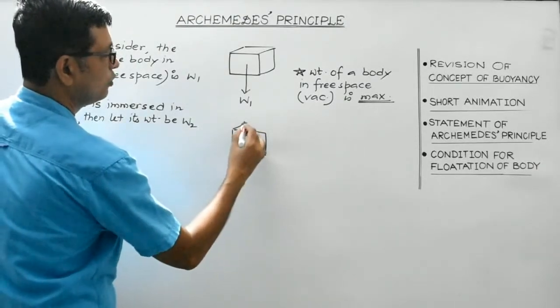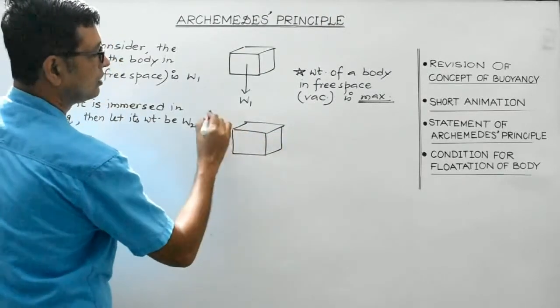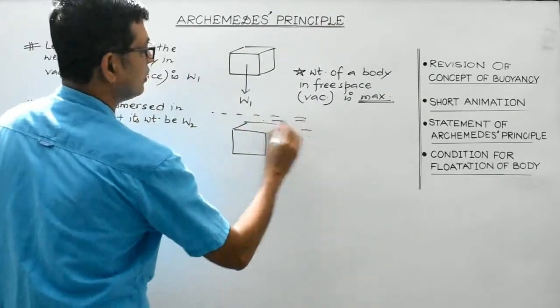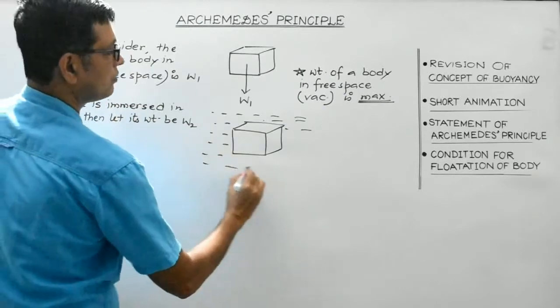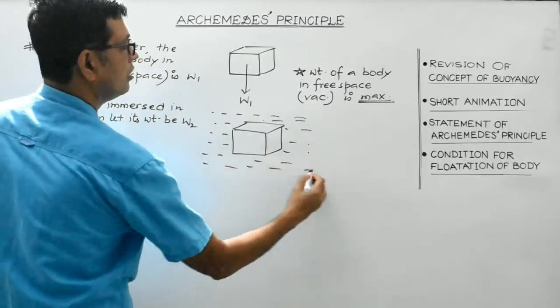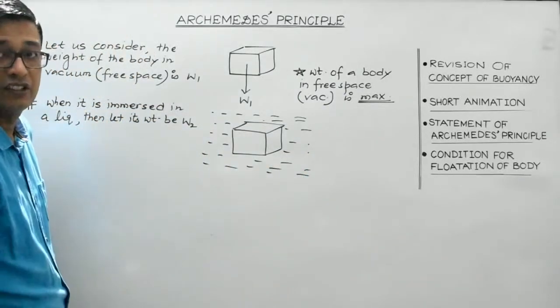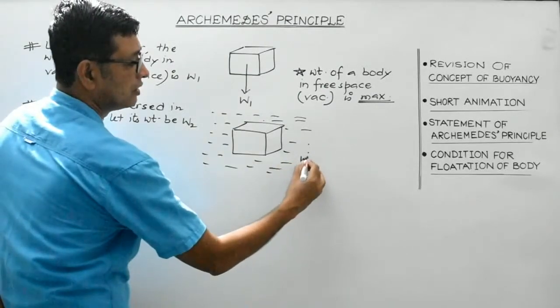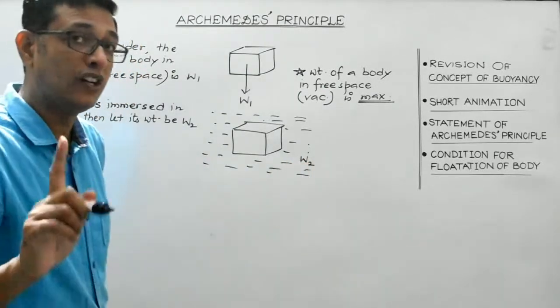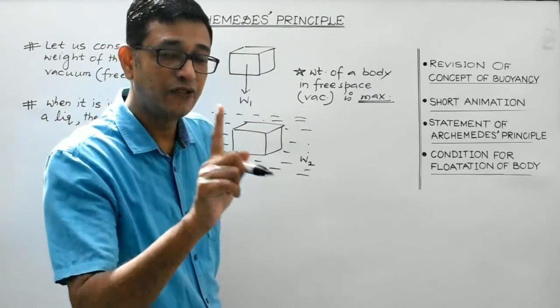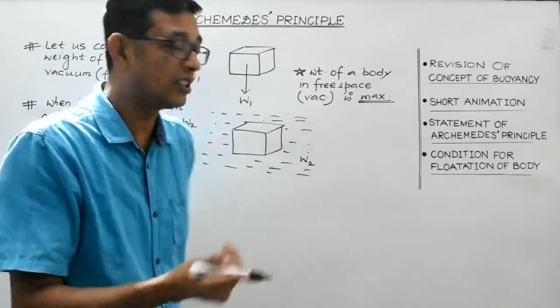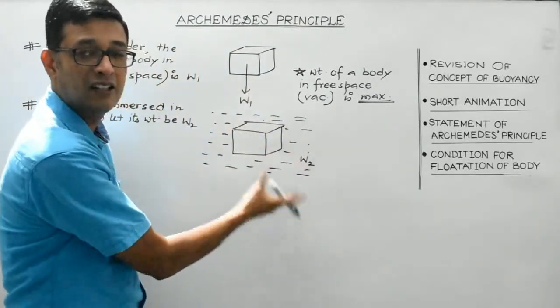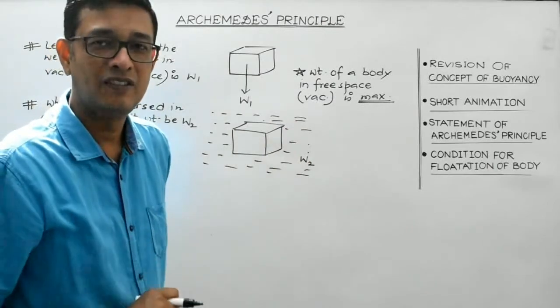Now it is assumed to be immersed in a liquid. Suppose this is the liquid under consideration. So in this case, the weight of the body is W2. W1 is the weight of the body in free space or vacuum. W2 is the weight of the same body in a liquid or a fluid.